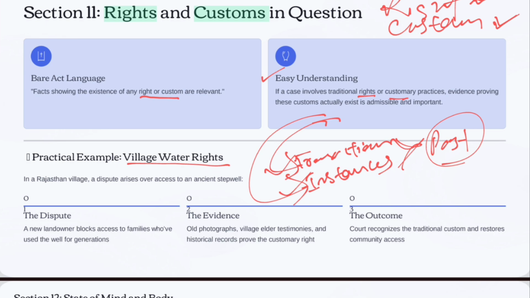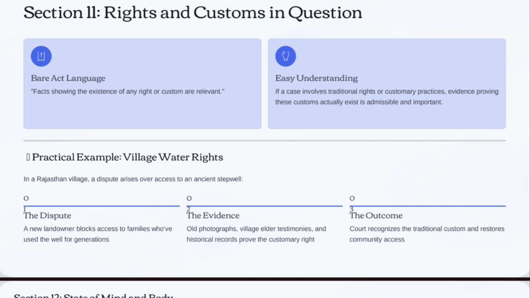If any person tries to block the usage of that well to any person or any family, some old photographs, village elder testimonies, and historical records can be given as evidence. In that case, if the court believes these evidences, the court will recognize the traditional custom and restore community access. Now let us move to the next section.